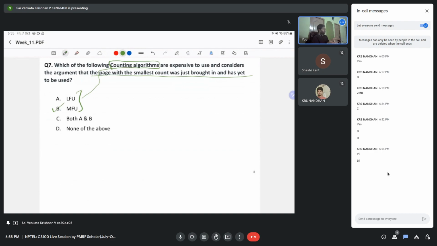So MFU will remove the most frequently used page, assuming that since it's been used many times, in the future it won't be used that much. So I would be safely removing that page from that frame. That's what MFU is all about. LFU is the opposite of MFU. So both LFU and MFU are counting, but based on this argument, only MFU is the correct answer. Option B is the correct answer. Any doubts in this question?